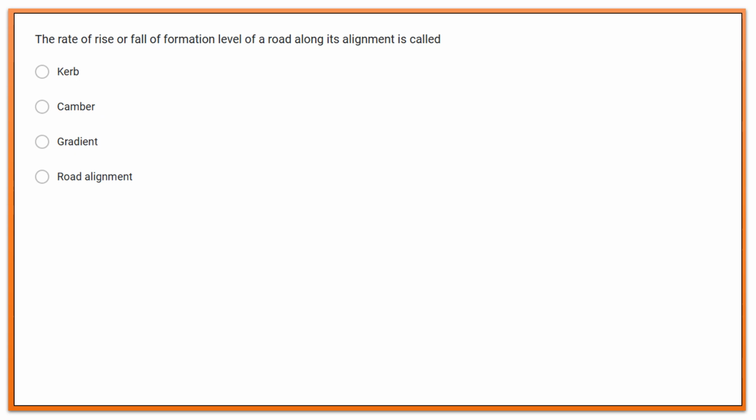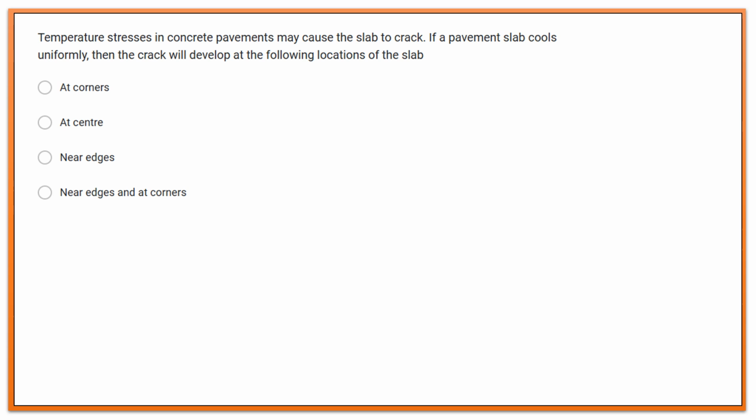The next question: the rate of rise or fall of formation level of a road along its alignment is called gradient. Option number C is correct here. The next: temperature stresses in concrete pavement may cause the slab to crack.